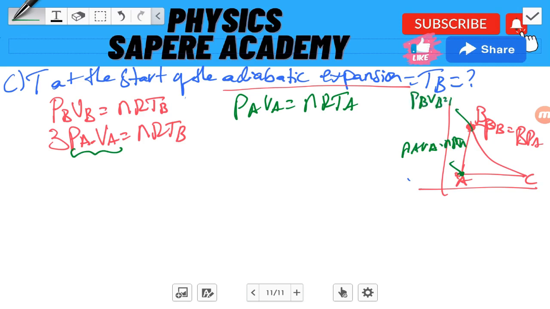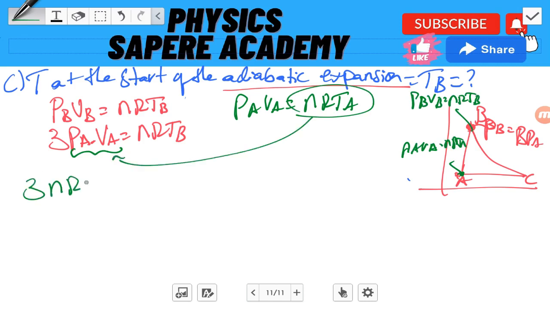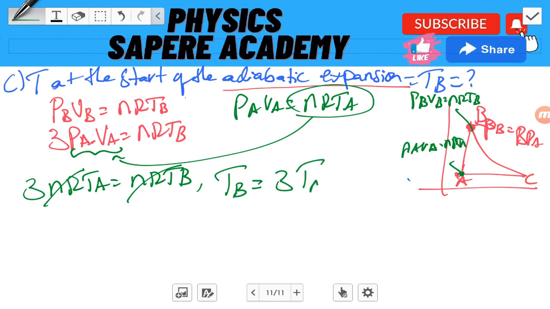So putting nRTA in here, I get 3 times nRTA is equal to nRTB. Canceling nR, TB equals 3 times TA. So this is it. The temperature at the start of the adiabatic expansion is 3 times the temperature at the start of the isochoric.